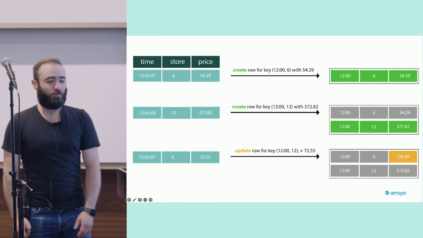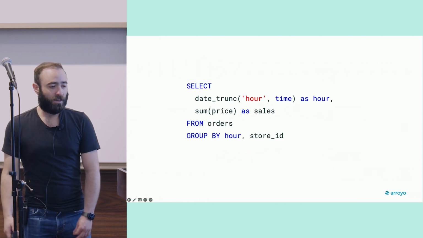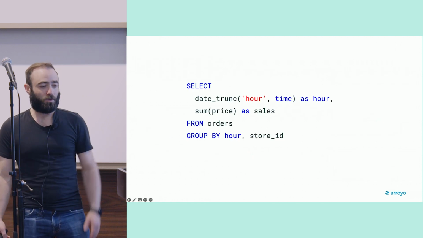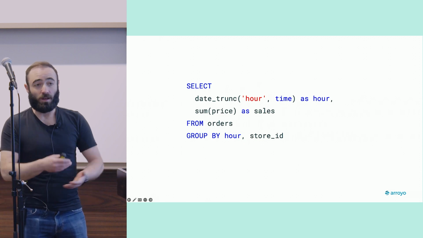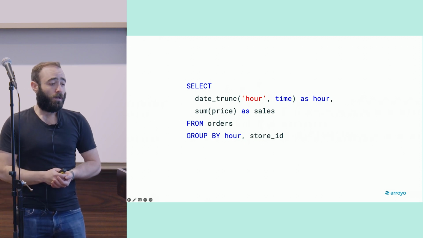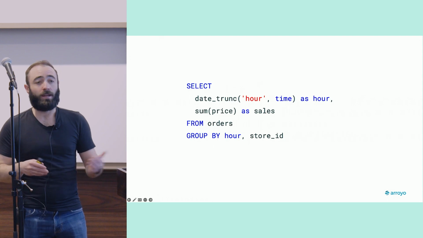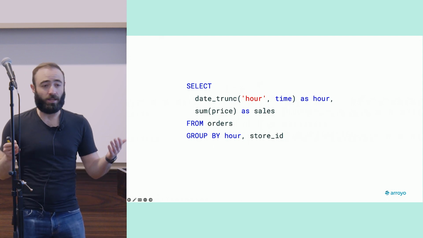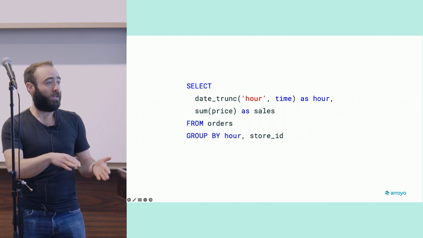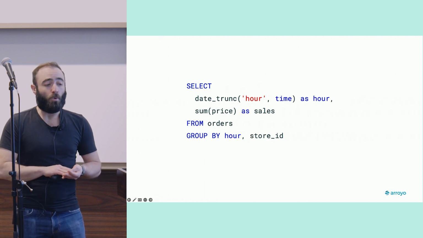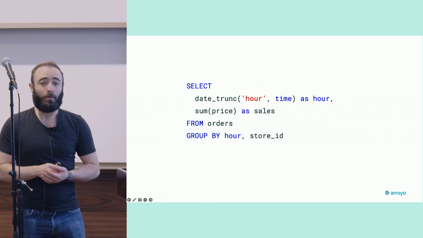We also have a practical problem here, which is that if you look at the semantics of this query, SQL is not time-ordered. This query is not time-ordered, which means we can get data for this hour at any time. Like in a year, we could get data for this hour. And under the semantics of update SQL, we're supposed to always be able to update it at any time.